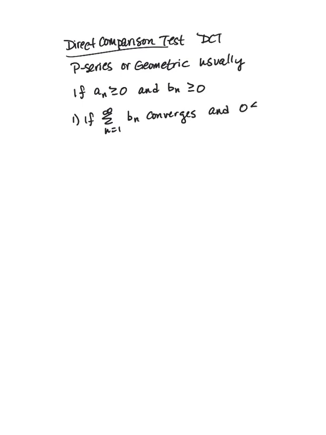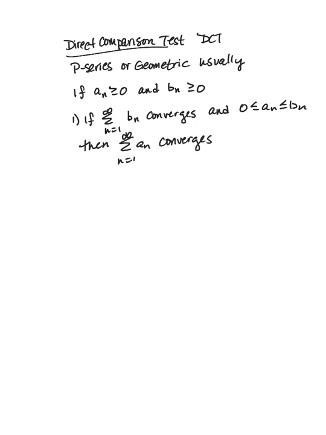So here it goes. If you have some positive series, that means a sub n greater than or equal to 0, and you have another positive series, b sub n, the rules are, if the series, remember this bottom index doesn't matter, n equals a constant to infinity, of b sub n converges, and a sub n is less than b sub n, then the series a sub n converges by DCT.